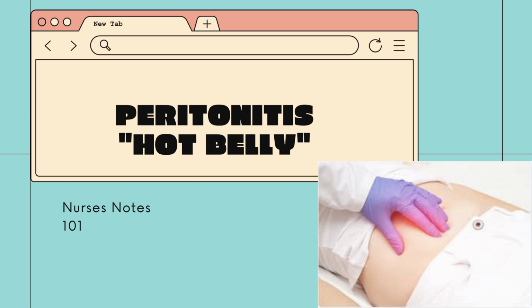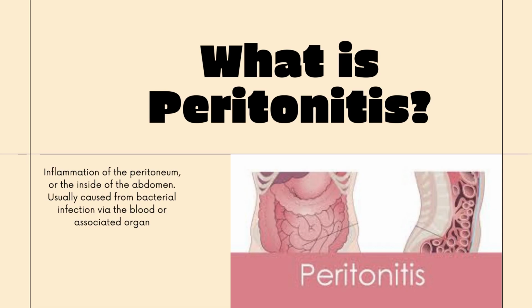Today we'll be talking about peritonitis, also known as hot belly. So, to start off, peritonitis is inflammation of the peritoneum, which is the sac that holds multiple organs in the stomach. So, this is usually caused from bacterial infection in the blood or associated organs.